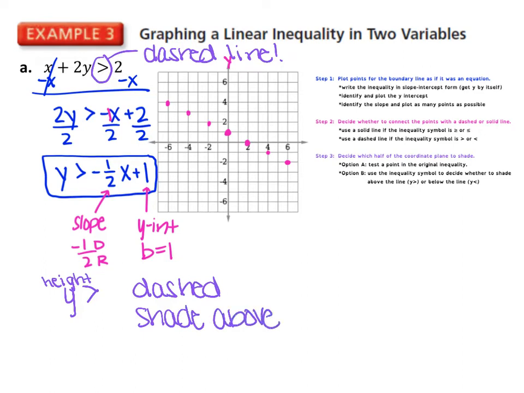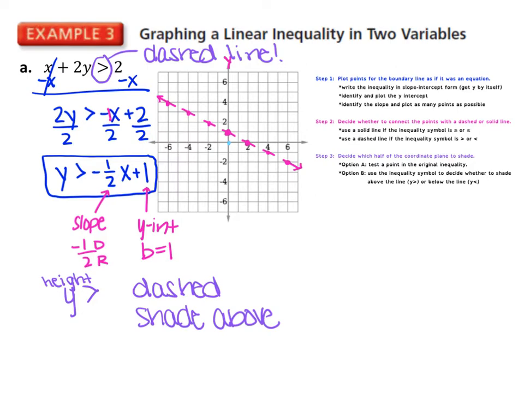If I connect those points with a dashed line and make sure that I go all the way to the ends of the graph so that I cut that plane, the square that we have for our graph, into 2 halves or 2 sections, I decide where to shade for my last step. So that third step is to decide which half to shade on. We have 2 options. We could choose a point like 0, 0 and test it.